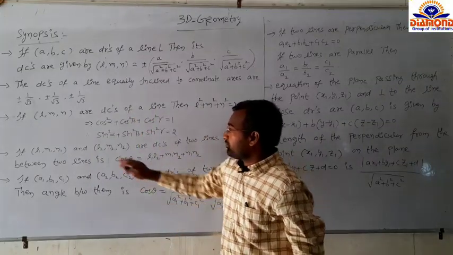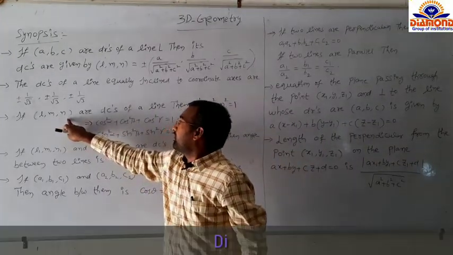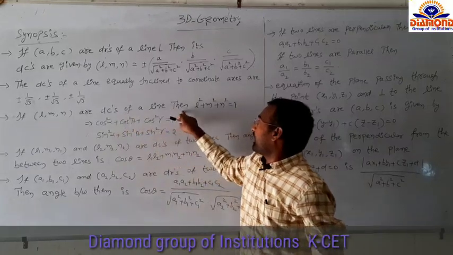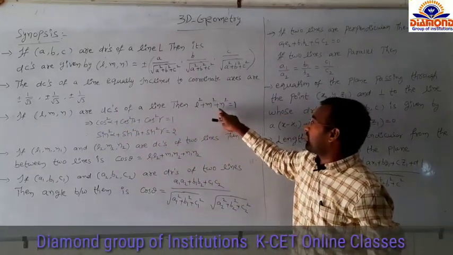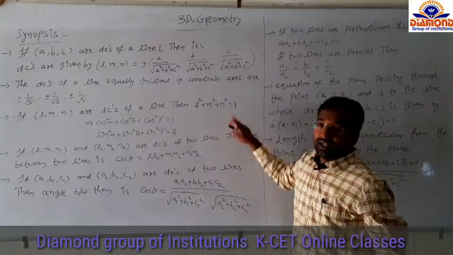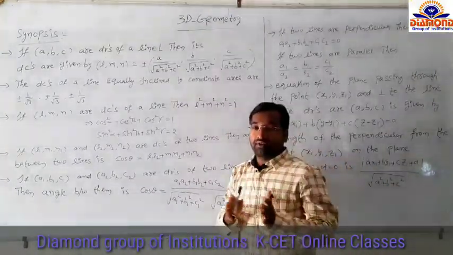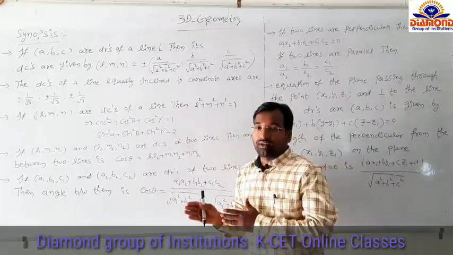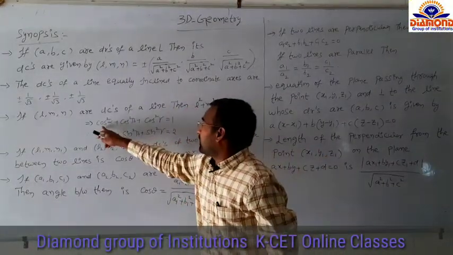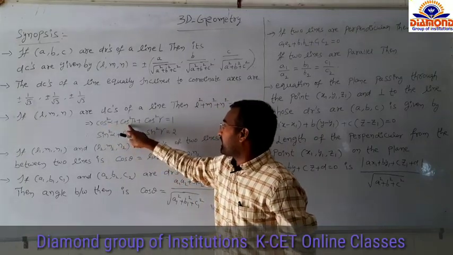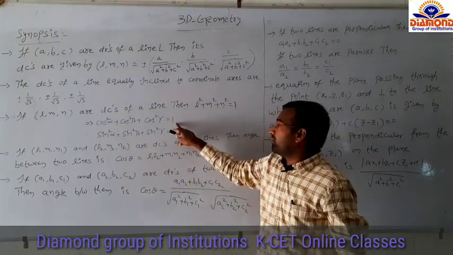Next, if l, m, n are direction cosines of a line, then the relation between them is l square plus m square plus n square equal to 1. Generally we denote l equal to cos alpha, m equal to cos beta, n equal to cos gamma. So cos square alpha plus cos square beta plus cos square gamma equal to 1.